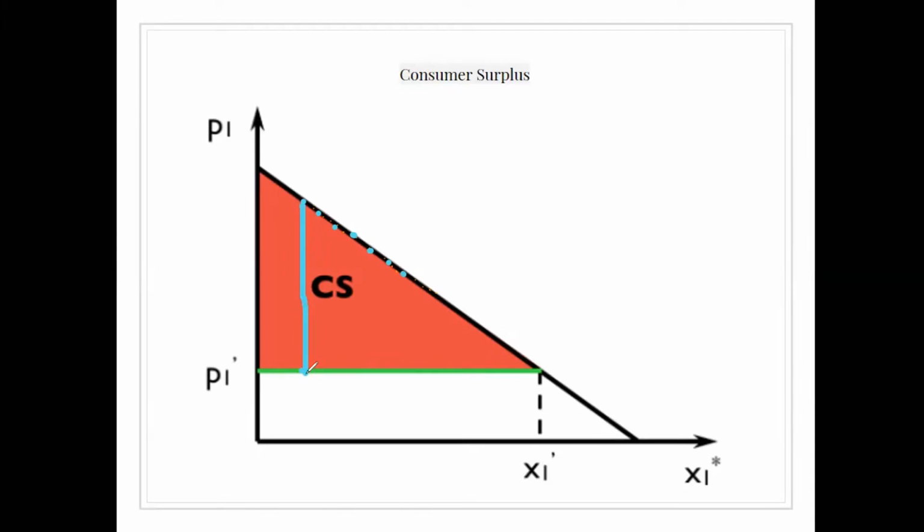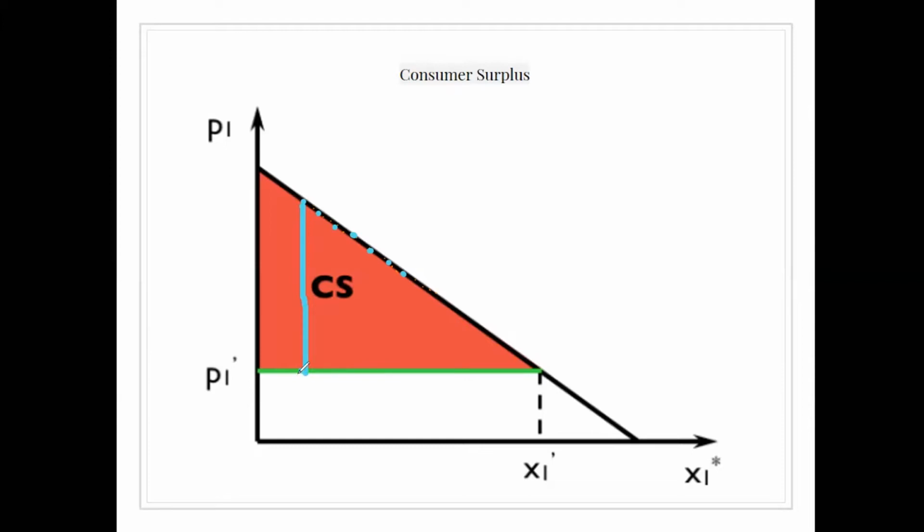Basically, the consumer surplus is the difference between what I was willing to pay, at the point where the demand curve is, and what I actually had to pay. And because this difference is positive and it increases with every single unit I buy, I am better off. This is money that I saved, a resource that I can use for other things. And this is the idea of the consumer surplus.